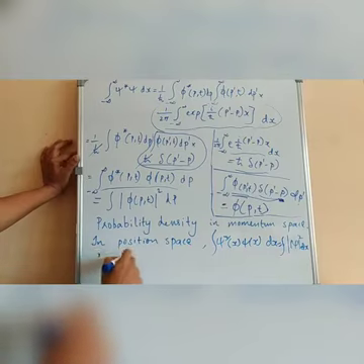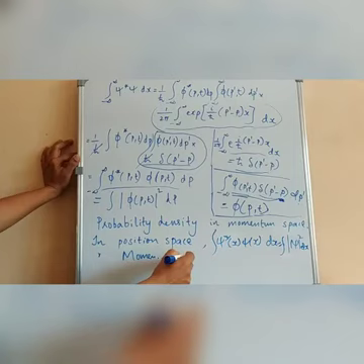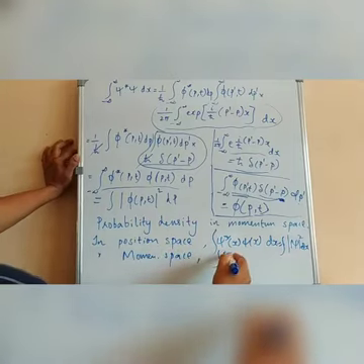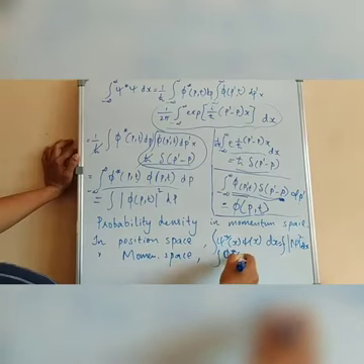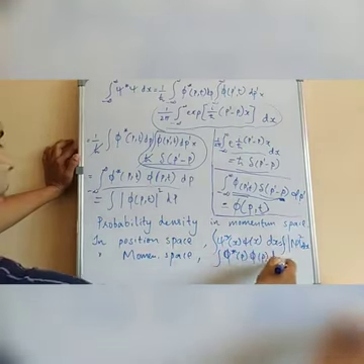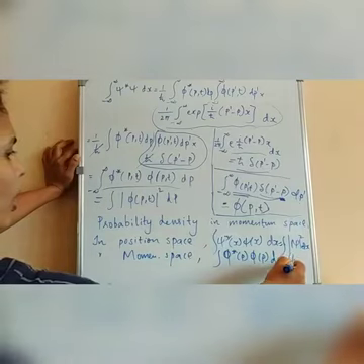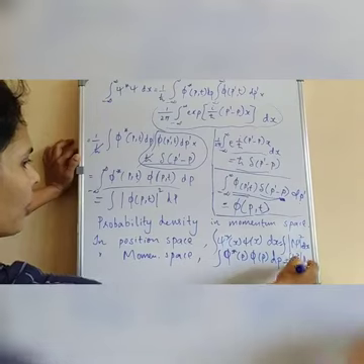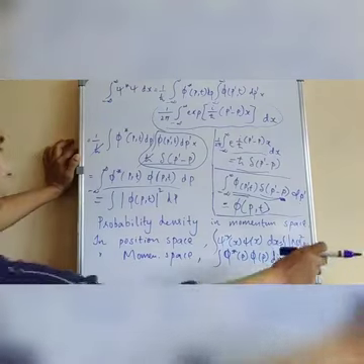Likewise, in momentum space, we can write the similar relation, integral phi star of p phi dp, that is integral mod phi square dp. Okay.